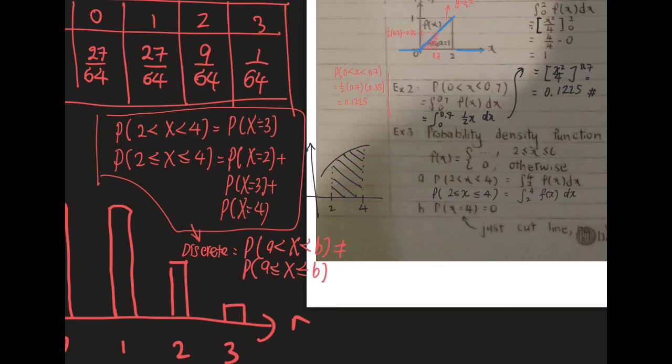But in continuous, in general, the probability from A to B is always equal to A to B inclusive. So be careful. Discrete, different. Continuous, same. Okay, now let's continue.